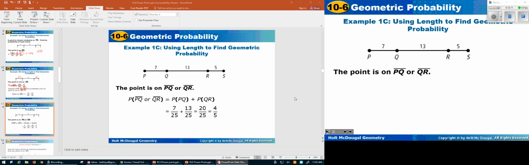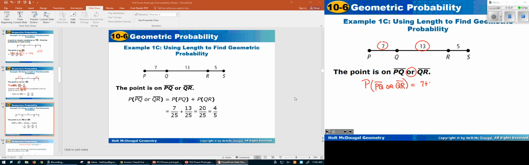So using that idea, probability that it is on PQ or QR. So when you see that word or, you're adding those together. So what would we have if it's on PQ or QR? So PQ or QR would mean the 7 and the 13.